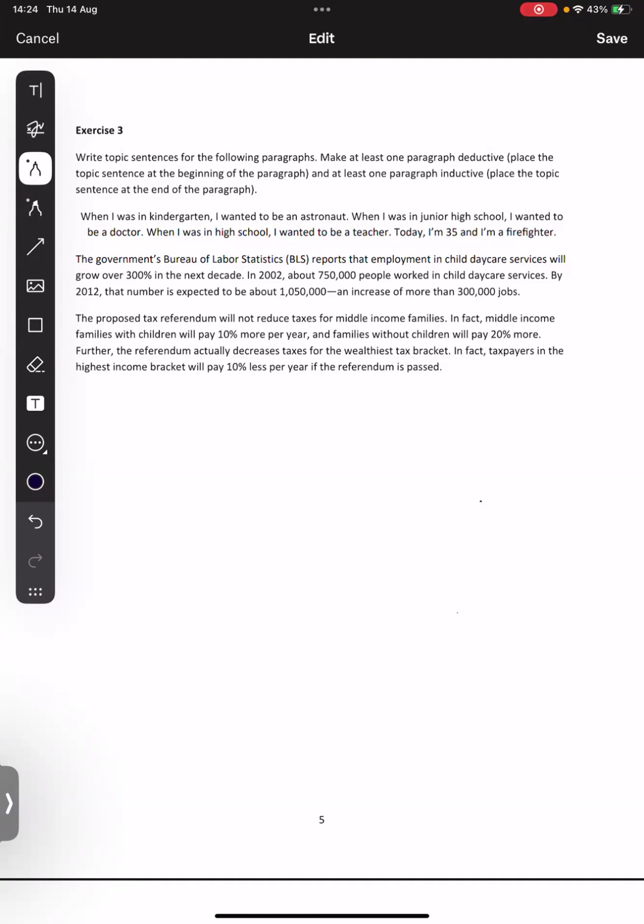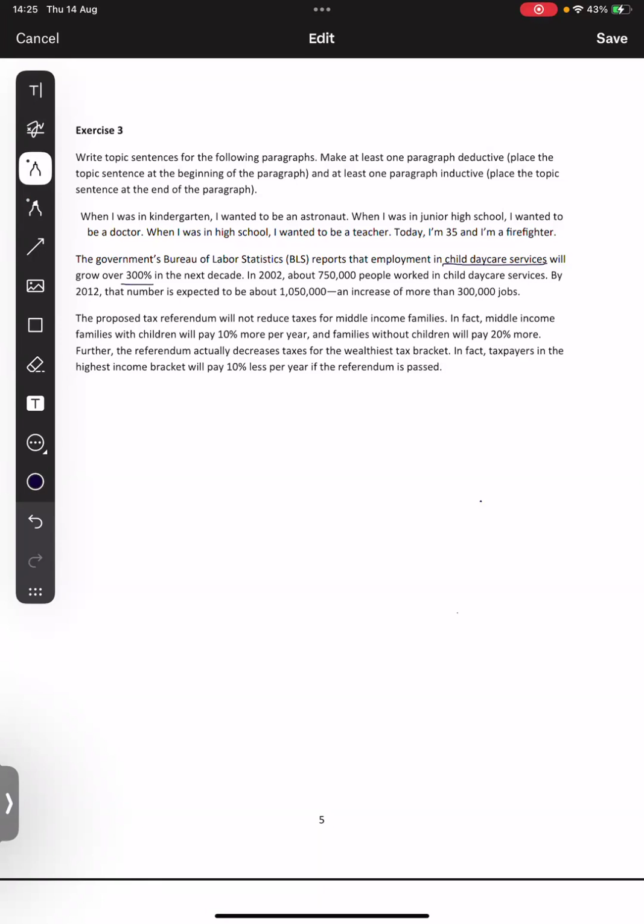So, what do you think? Okay, so it is quite clear that the focus here is child daycare service. So what about it? If you look at the next sentence, it's going to grow by 300%, or like three times.